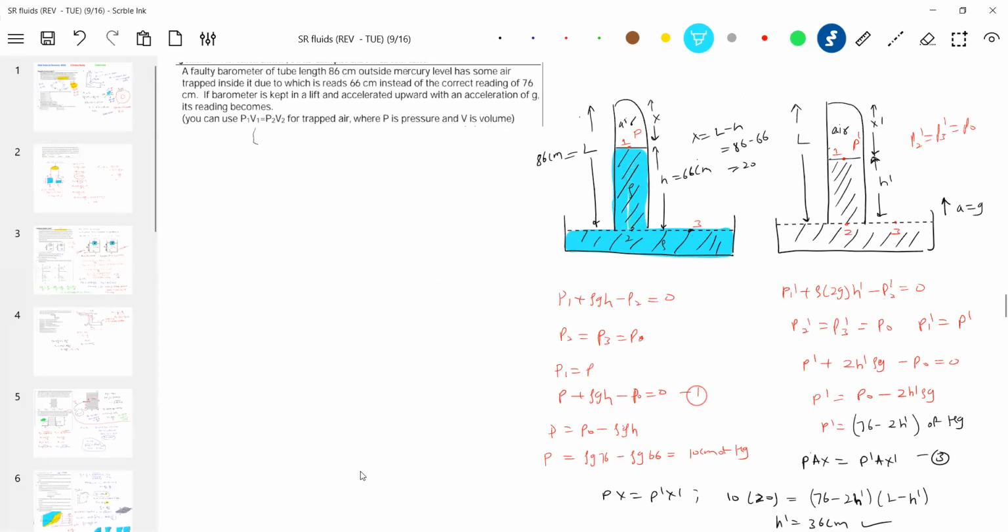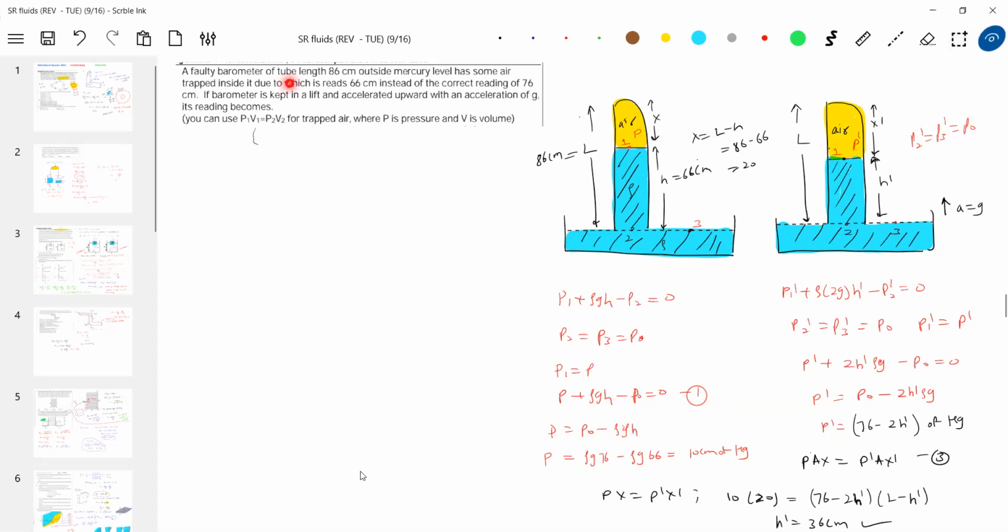Writing the manometric equation and applying Bernoulli's theorem are key ideas that have to be applied properly here. Okay, let's get into the discussion.